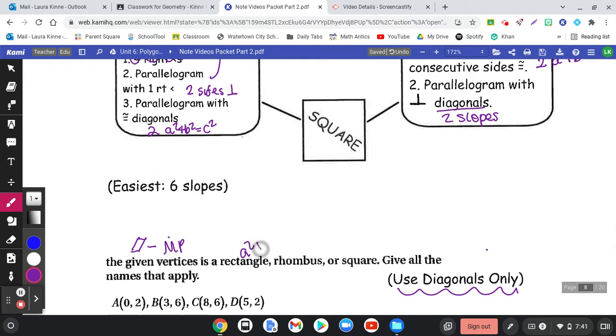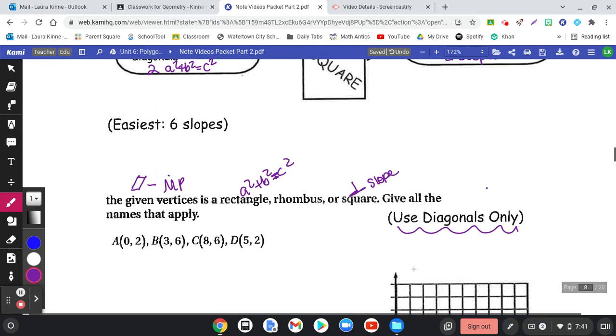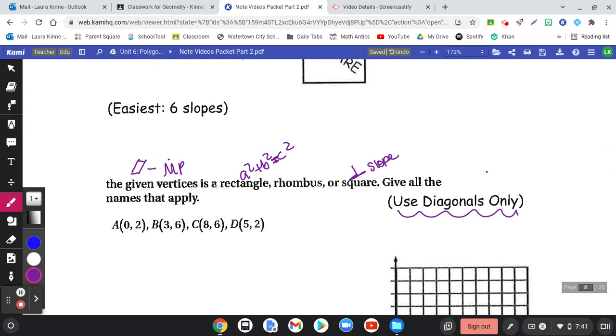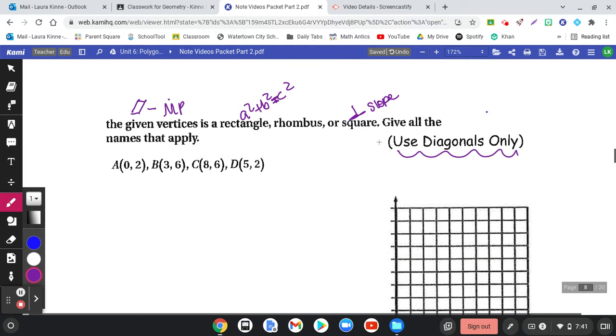So we'll do a squared plus b squared equals c squared for that. And for a rhombus, show that the slopes of the two diagonals are perpendicular. So we're going to use midpoint, distance or Pythagorean theorem, and slope, because again, it wants us to do diagonals only. It won't specify. It'll just say to prove these, so you decide, but I just want to show you a different way.